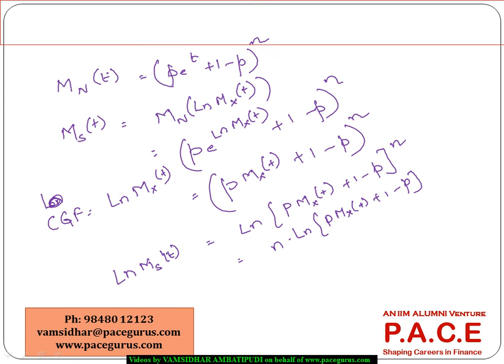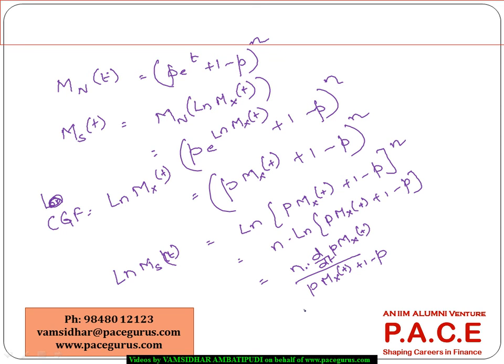Now this I want to differentiate three times. So the first differentiation will give me n divided by, the log of this is going to give me p MX(t) plus 1 minus p, and the derivative of this is nothing but d by dt of p MX(t).